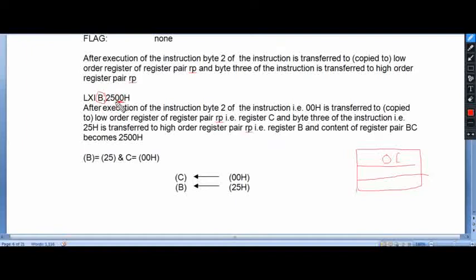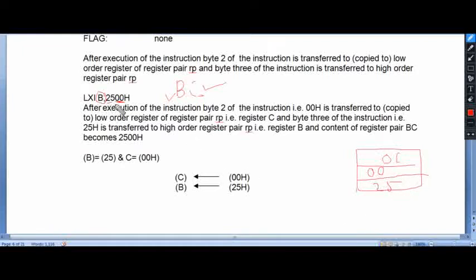00 goes to the low order and 25 goes to the high order. In register pair BC, C is the low order. Byte 2 goes to the low order, that means 00 is there, and byte 3 goes to the high order register, that means 25 is there. This is a 3-byte instruction.